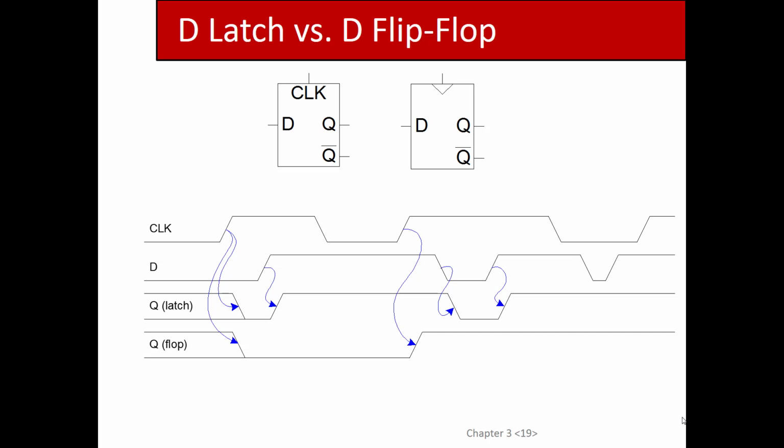Now you can just as easily make a falling edge flip-flop, by the way. But I think every example in here is a rising edge. So now you might say, wait a second though, you've got a rising edge.